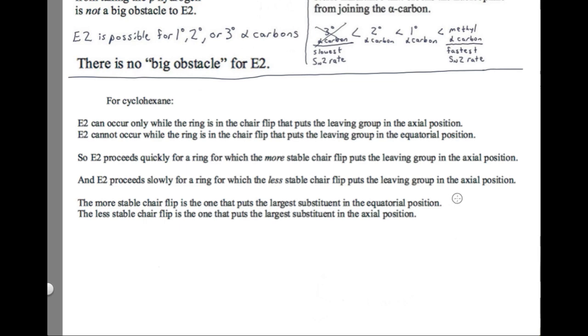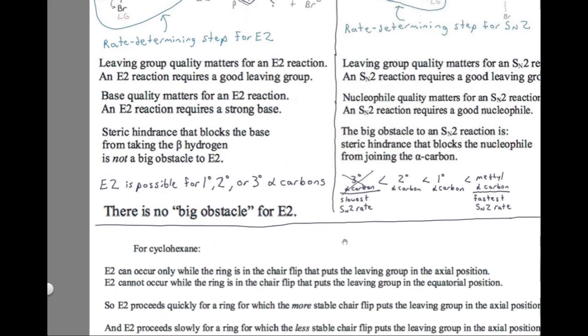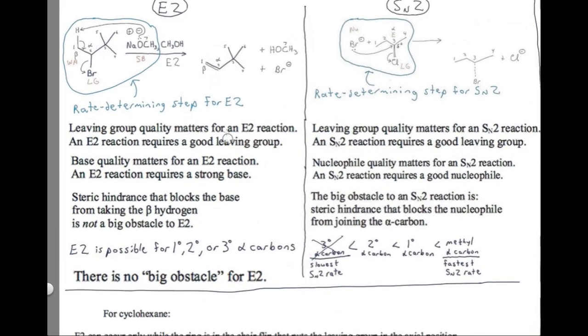So my point is, if you see a problem that asks you to compare two E2 reactions and decide which E2 reaction will proceed more quickly, here are some of the important factors that can determine whether an E2 reaction will proceed more quickly or more slowly.